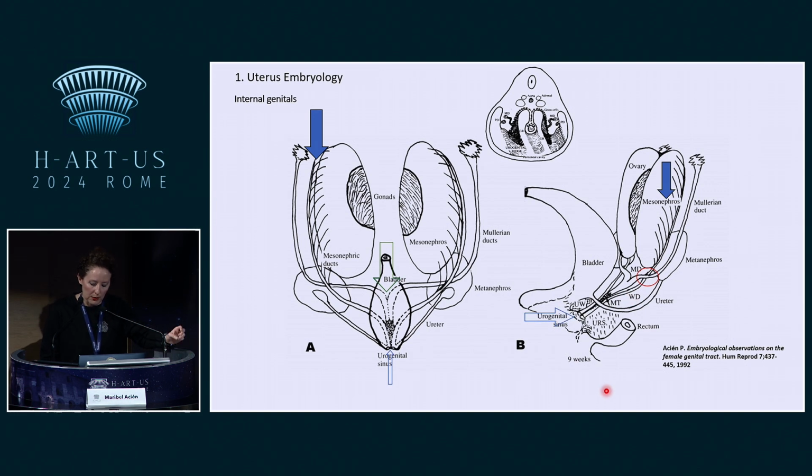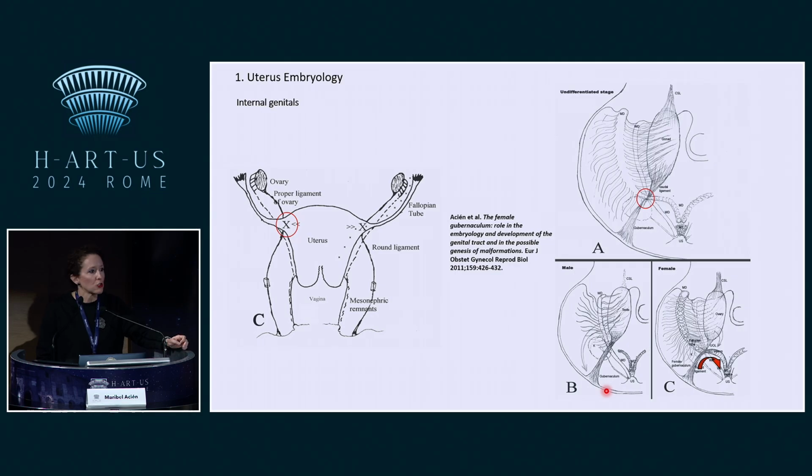And this is important. There's also another important element that may play a role in the definitive uterine development. And this other structure is the gubernaculum. The gubernaculum is a peritoneal fold that goes from the inguinal cone in the abdominal wall till the gonad.